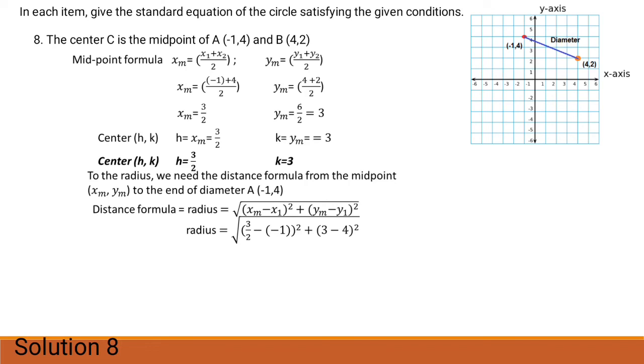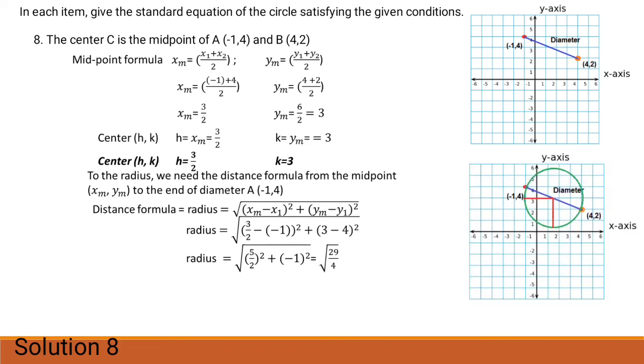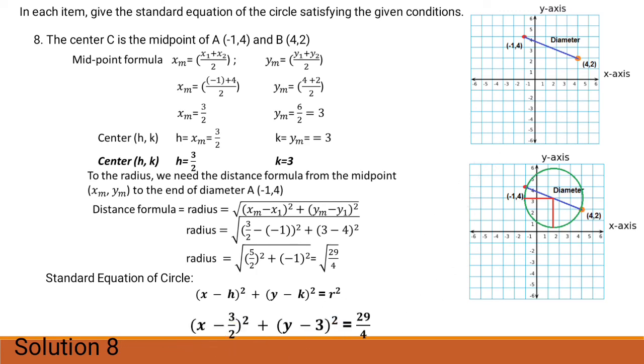So the radius is given by the square root of (3/2 - (-1))^2 + (3 - 4)^2. Therefore, the radius squared is equivalent to 29/4. And then we substitute it into the standard equation of a circle. Therefore, our equation is (x - 3/2)^2 + (y - 3)^2 = 29/4.